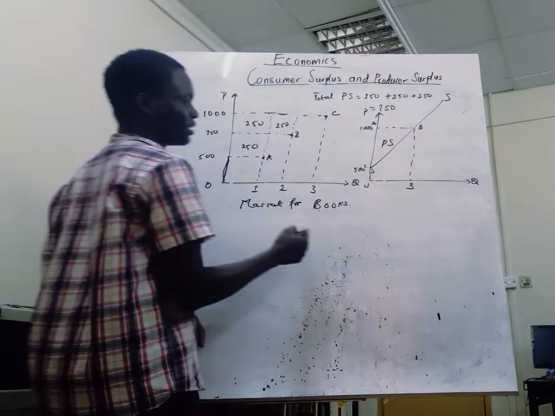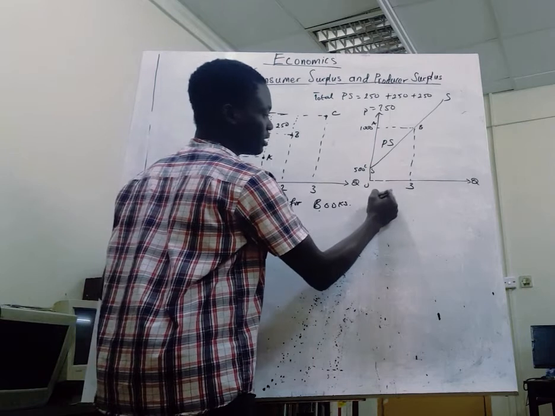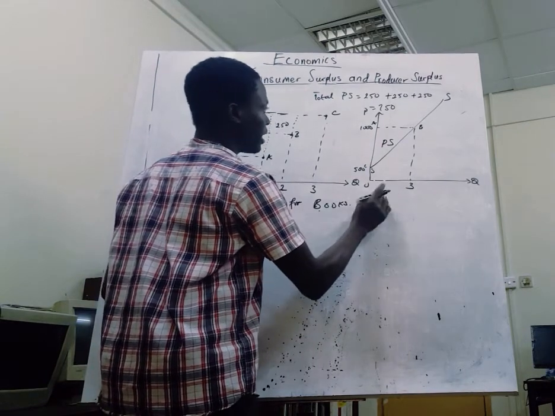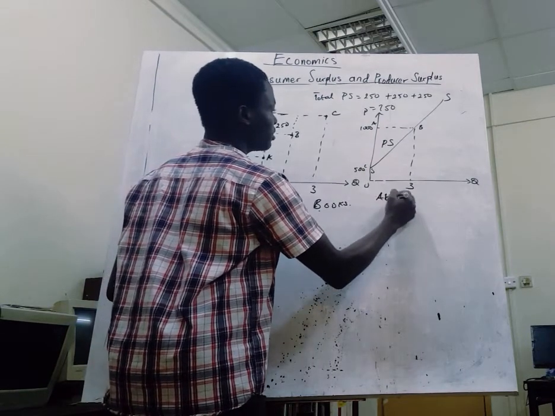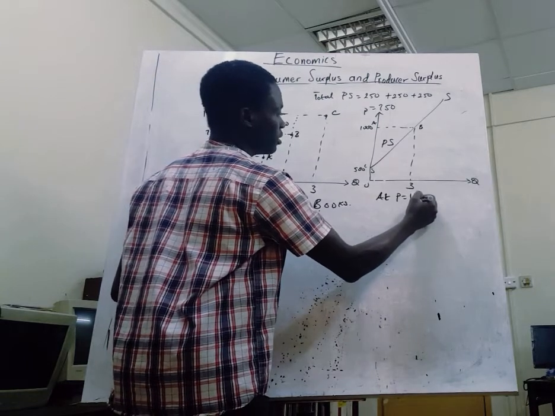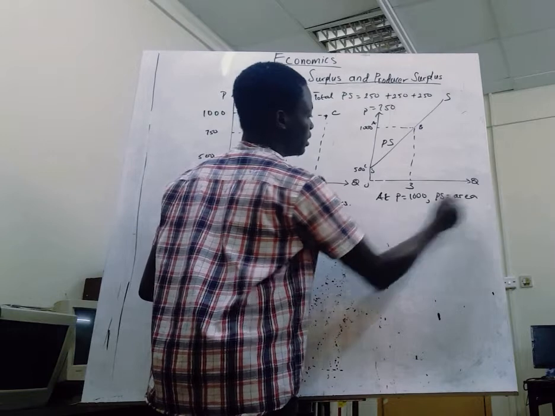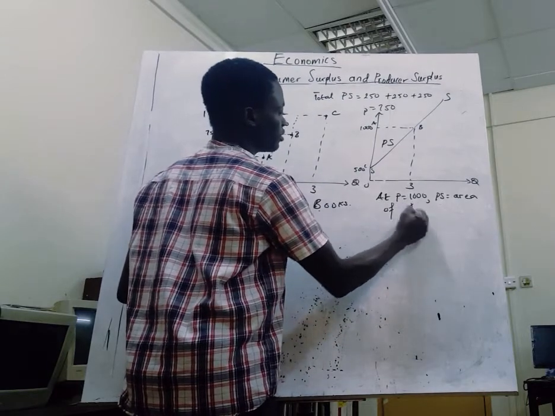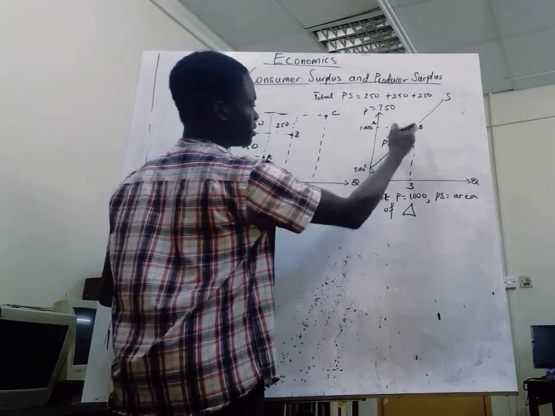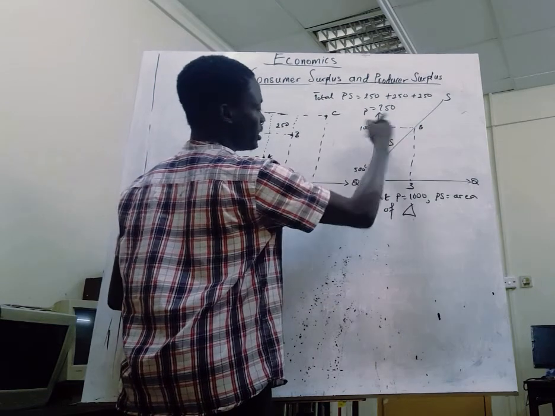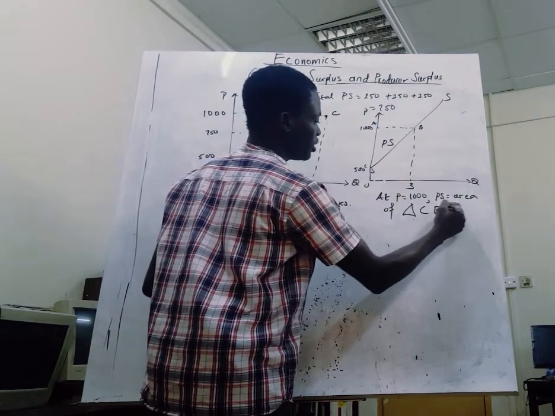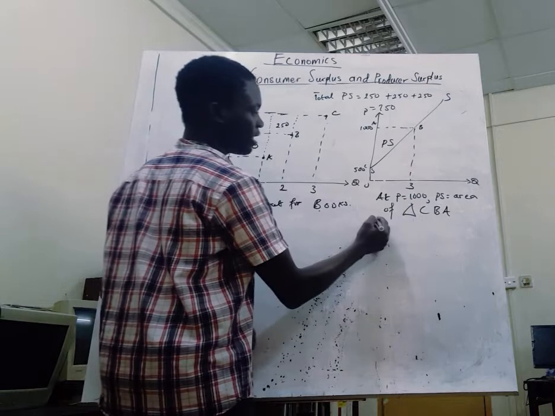So another way to calculate the PS is simply by saying, at P equals 1,000, PS is equal to the area of triangle CBA.